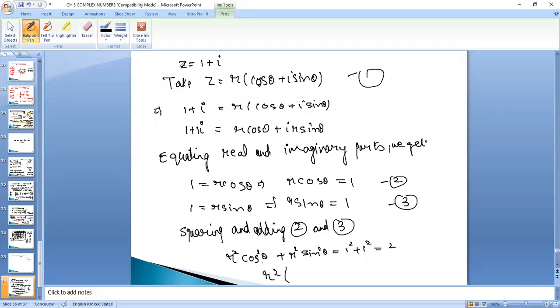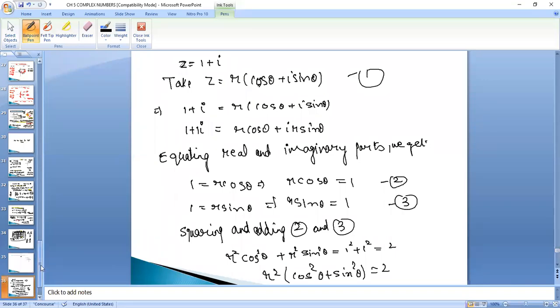R square in the bracket cos square theta plus sin square theta is equals to 2. Cos square theta plus sin square theta is equals to 1, right?